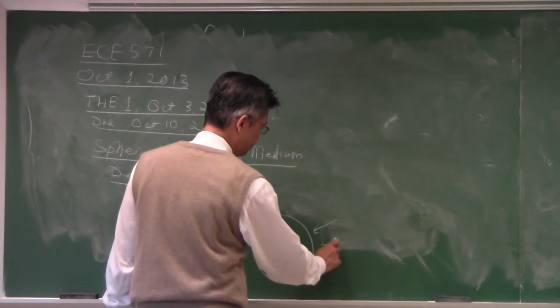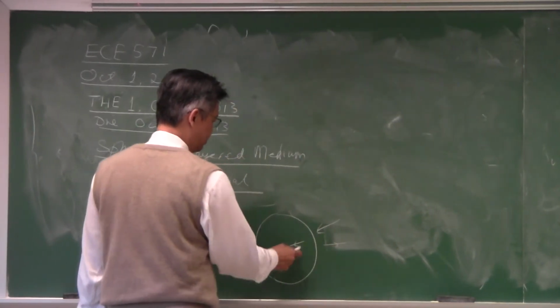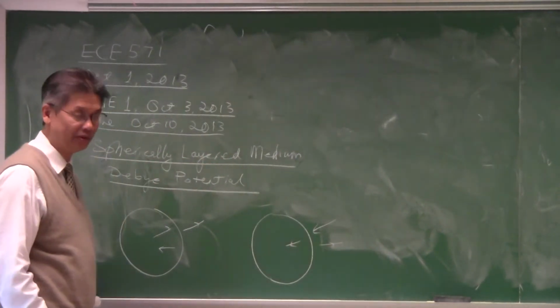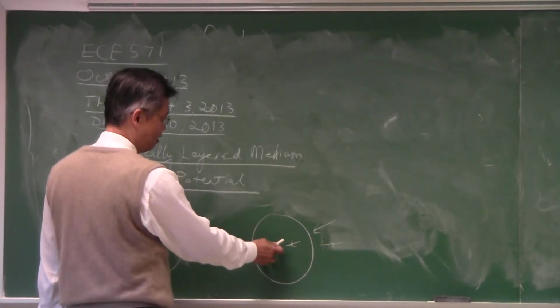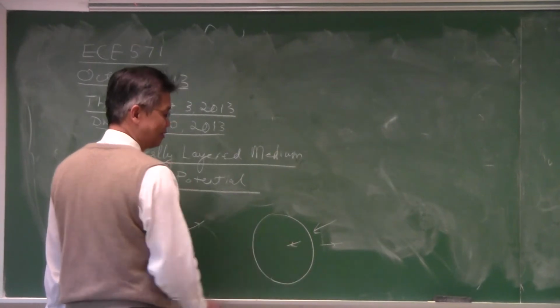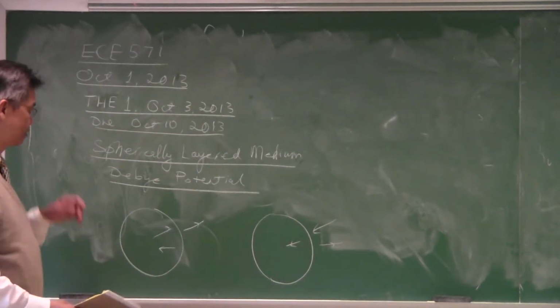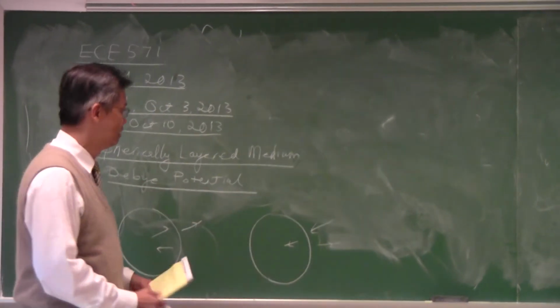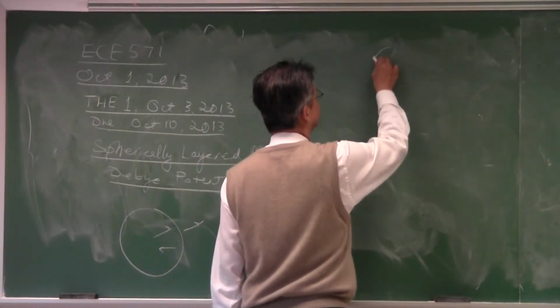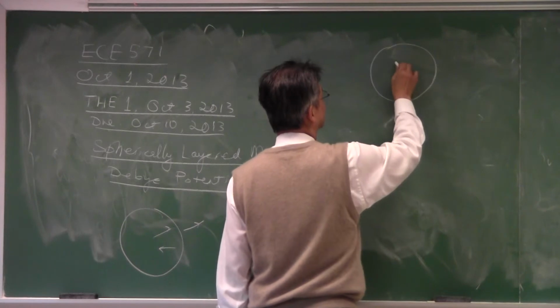If you have an incident wave, reflected wave, and a transmitted wave, this transmitted wave will actually be a Bessel wave, because if it gets transmitted as a Hankel wave, when it hits the origin, it will bounce back and give you a standing wave here. So this is also treated in the book. I wouldn't go through that. And then using similar ideas, you can treat this kind of problem as well.